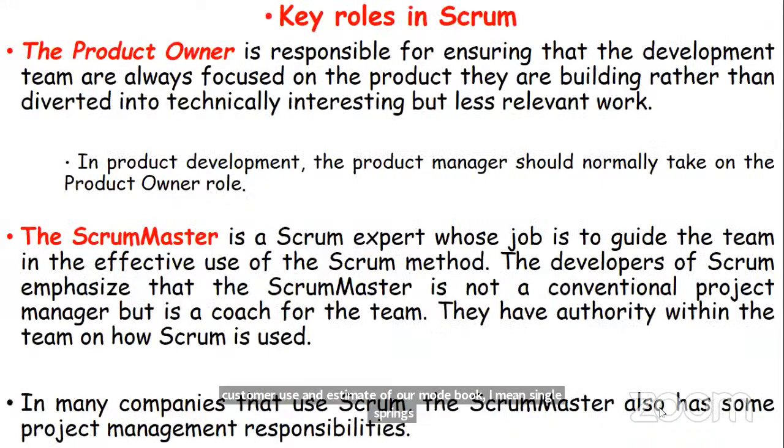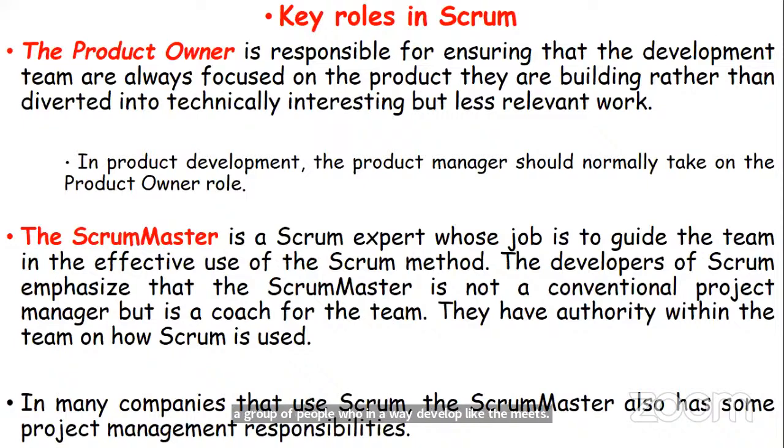So what are the key roles in Scrum? We have seen that a Scrum team is a group of people who meet and develop. They are usually 4 to 8 people who determine how fast they can come up with a product, right?